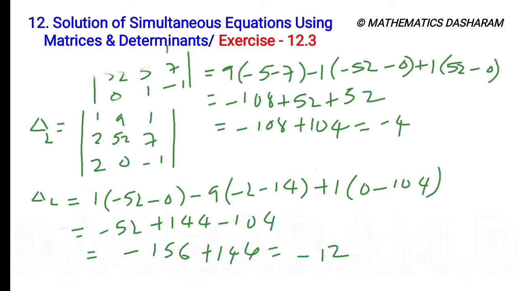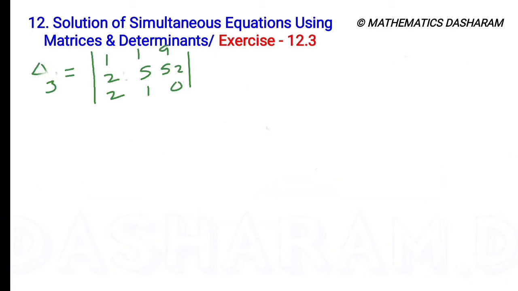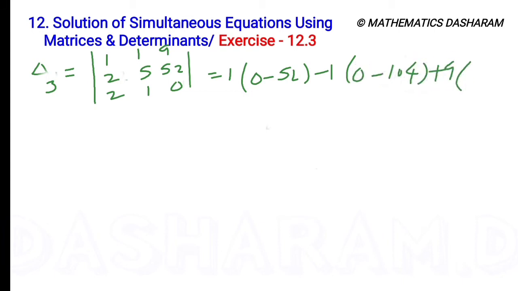Next, delta 3. Delta 3 means replace the third column with the constant numbers in the delta matrix. Let's find its determinant. 1 into 0 minus 52, minus 1 into 0 minus 104, plus 9 into 2 minus 10.